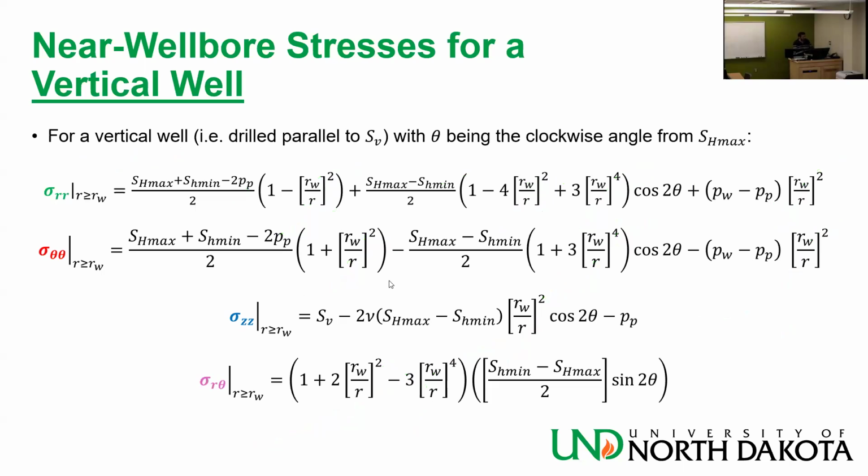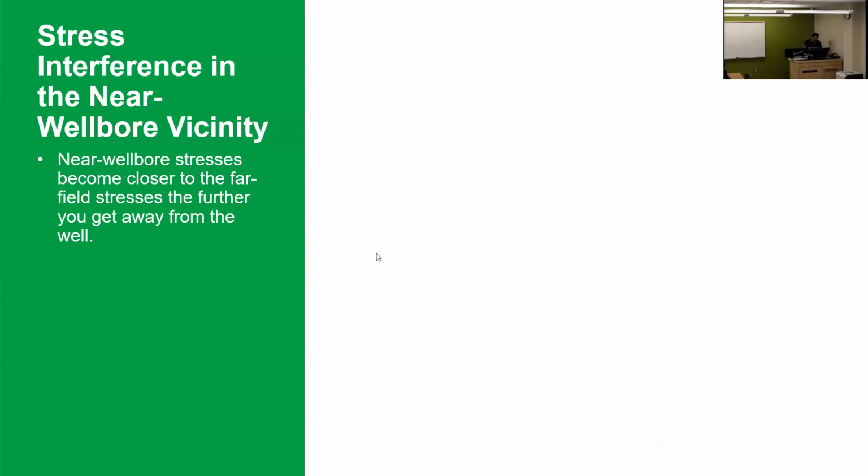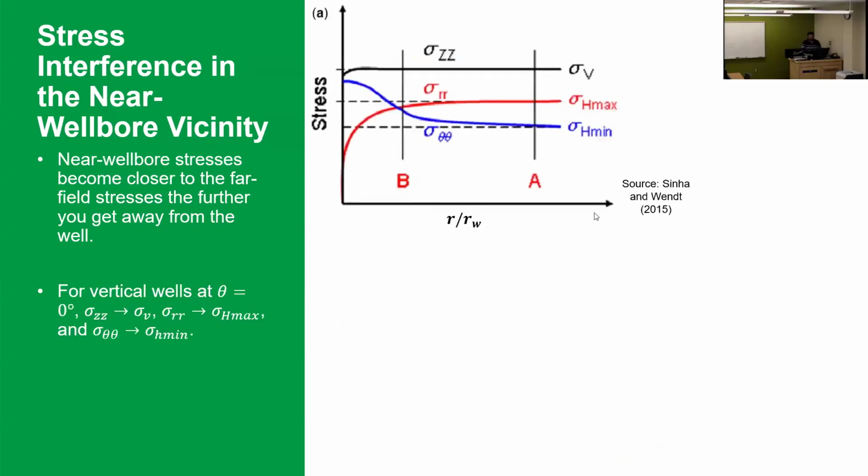And there are several simplifications you can make. But the most important one that I want you to understand physically is what happens when you go away from the wellbore at a specific angle. This is how it looks for theta equals 0.